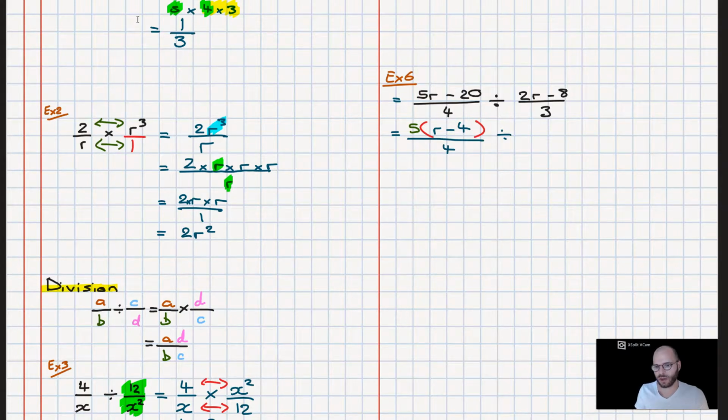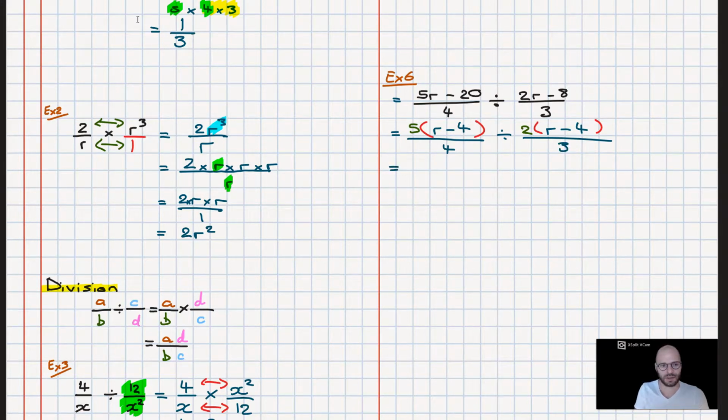Secondly, we've got 2r minus 8. Can we factorize that? The answer is yes. If we take out a common 2, open up our bracket, we're going to be left with r minus 4. And you might see where we're going already. And now we've got the 3 down in the denominator still.